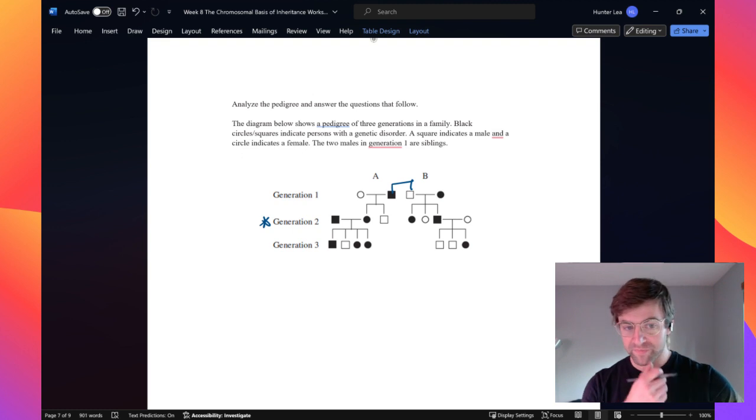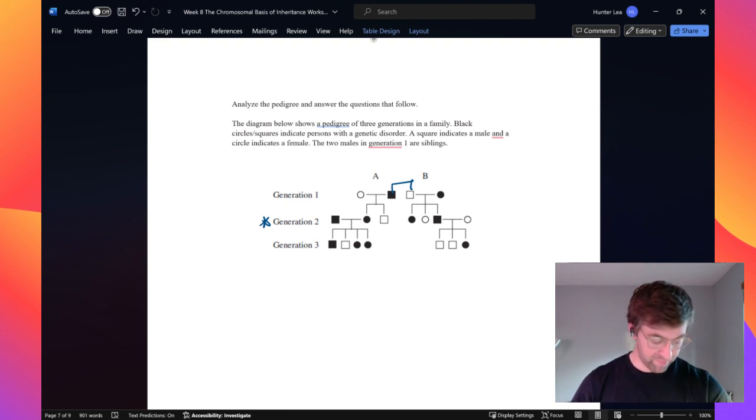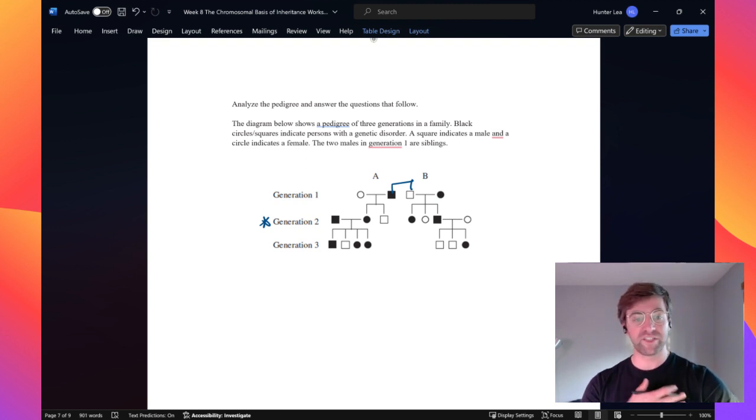Okay, so from this, this gene is most likely dominant, just based purely on how often it's occurring. If it's dominant, the gene may be either autosomal or sex-linked. There is a chance that the gene is recessive, but for that to be true, the 2 brothers would both have to mate with heterozygous females in order to produce offspring in generation 2 with the disorder.